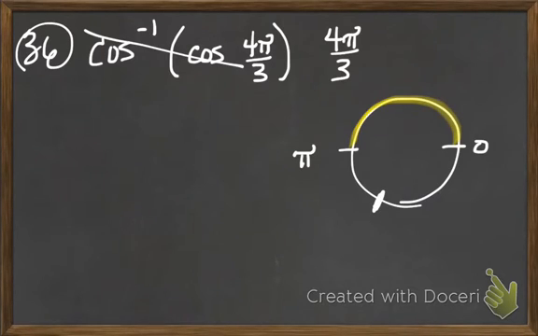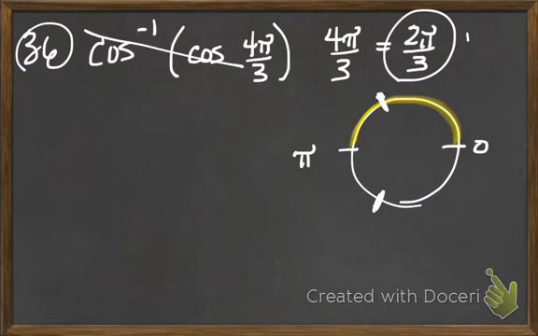You're in quadrant 3, and you are right here. Okay? So you can't answer 4 pi over 3, but you can give me another angle that has the same cosine value that is in the yellow restricted area. 2 pi over 3. Does everybody agree that 2 pi over 3 would have the same x value? So we can't use 4 pi over 3. We're going to have to use 2 pi over 3 because we have to be in the restricted area there.